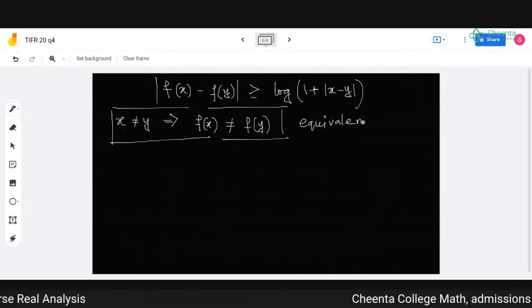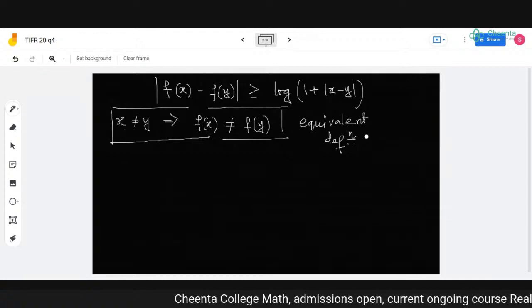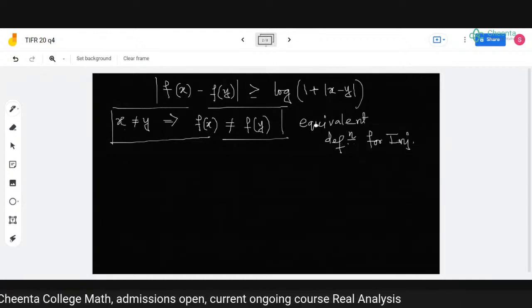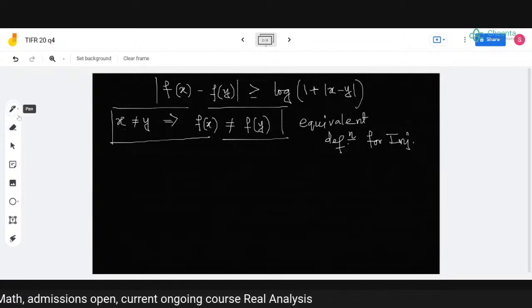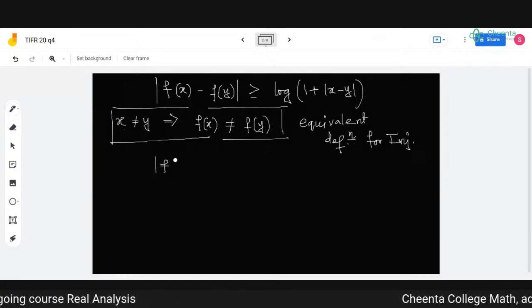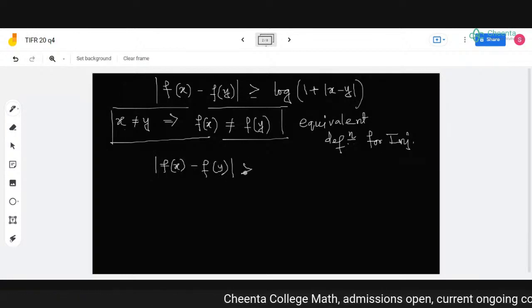All right. So as you can see that if x is not equals to y, then mod of f of x minus f of y is strictly greater than 0.